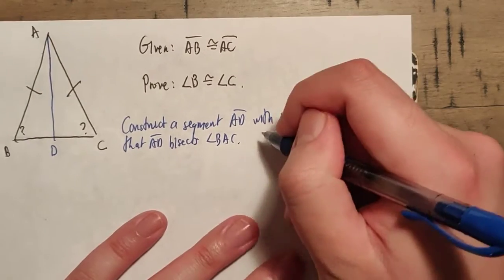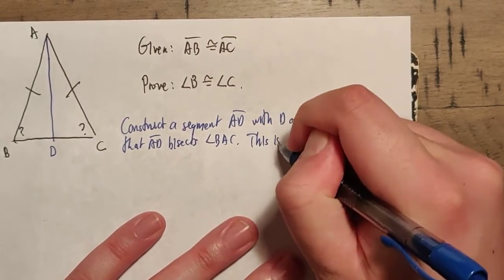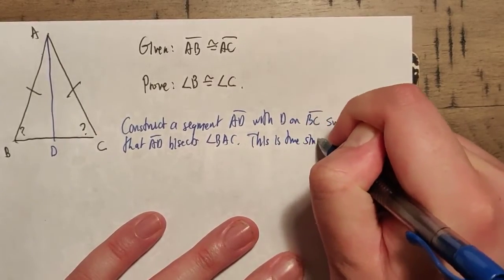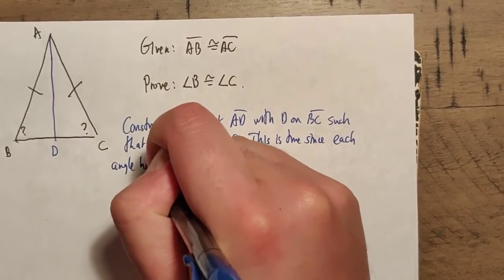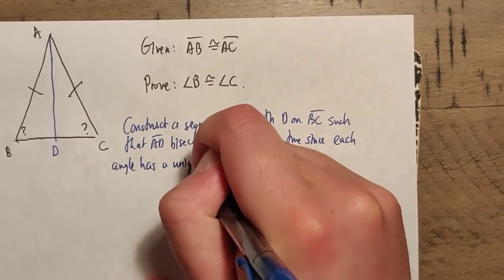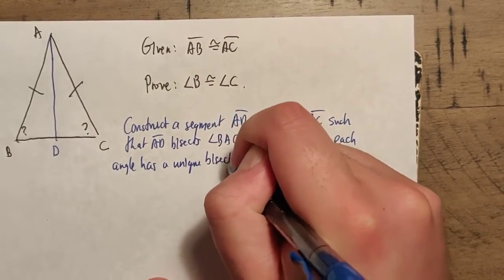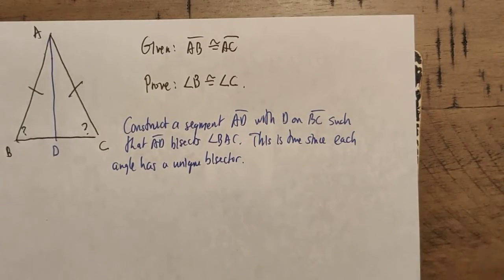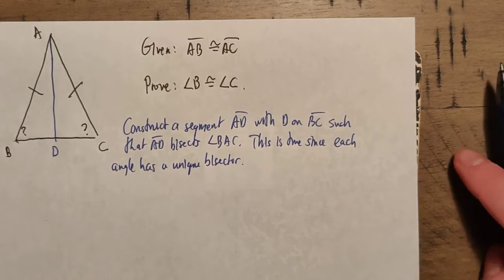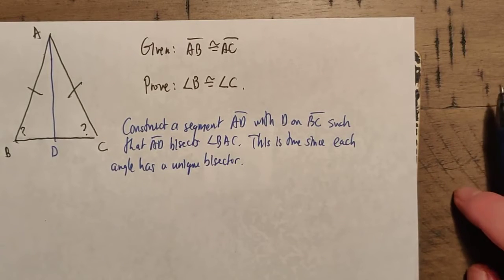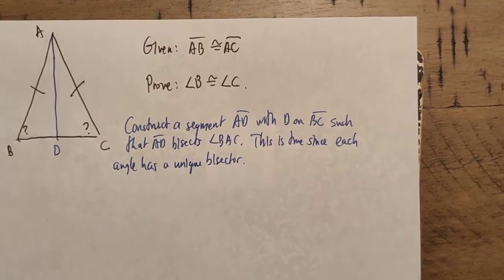So we can mention that this is true since each angle has a unique bisector. Now, you're probably not going to be using this particular reason very much, but in this case, it's a necessary evil. We needed it because we didn't have the information, so we had to create this.